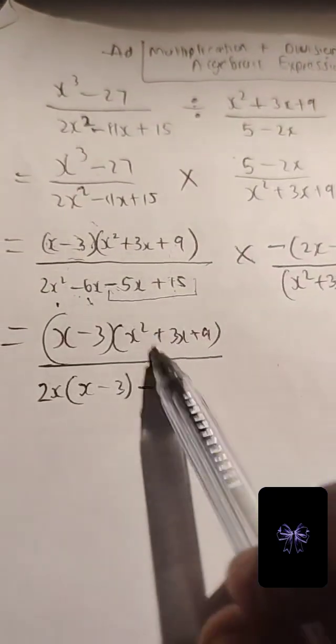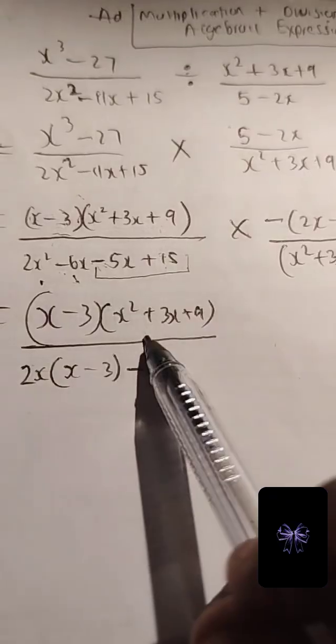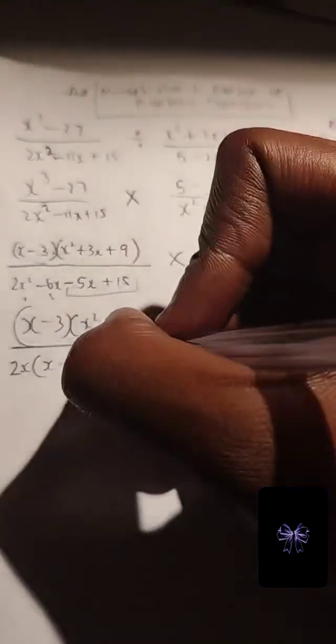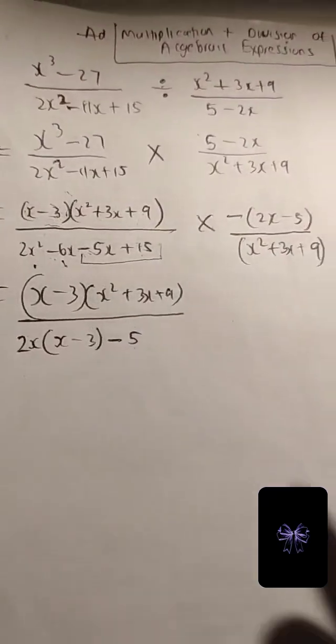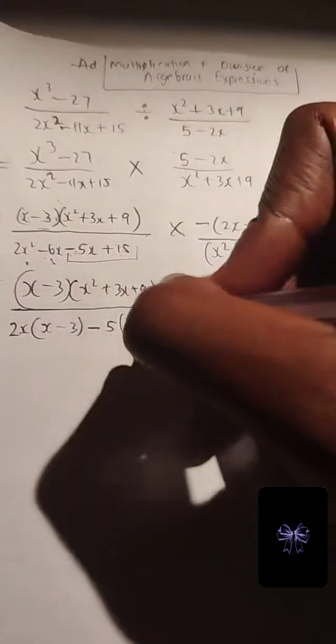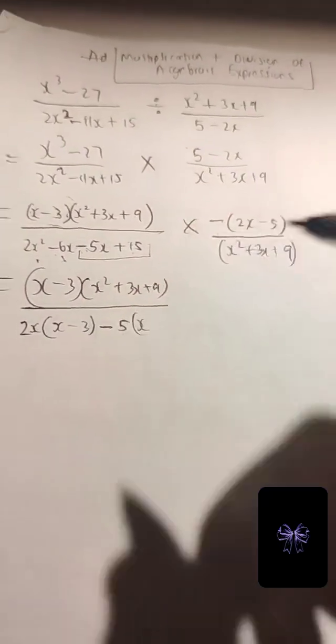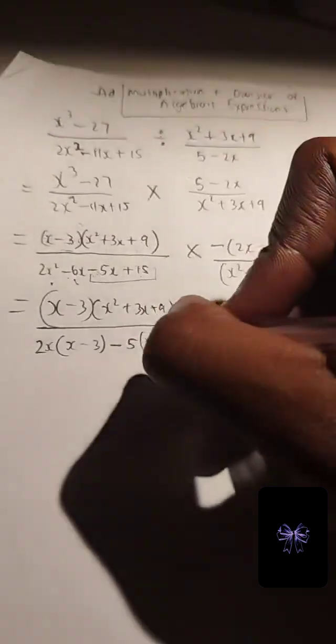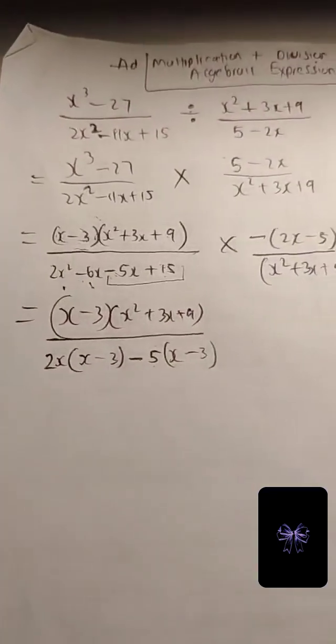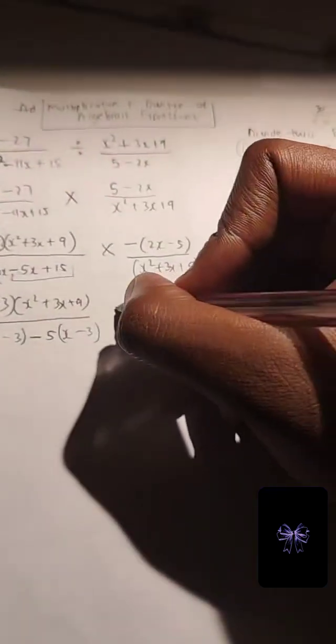So when you take out a negative, it's negative what? It's negative 5, open bracket, x minus 3. Exactly. Awesome. And so far we can already see that there's something that we can cancel out.